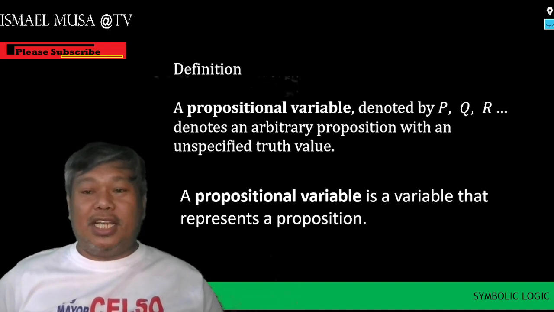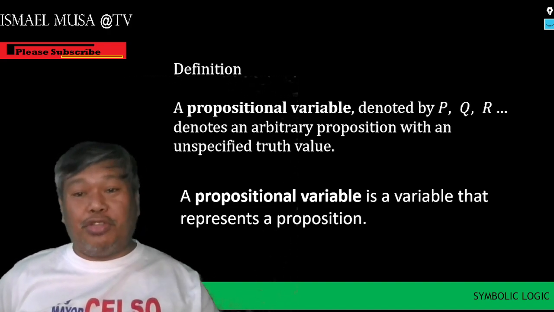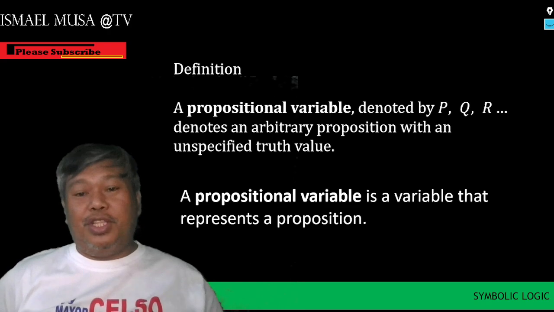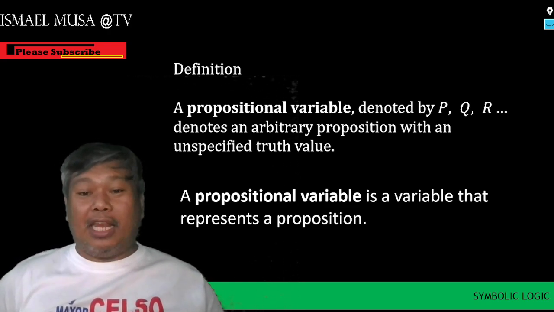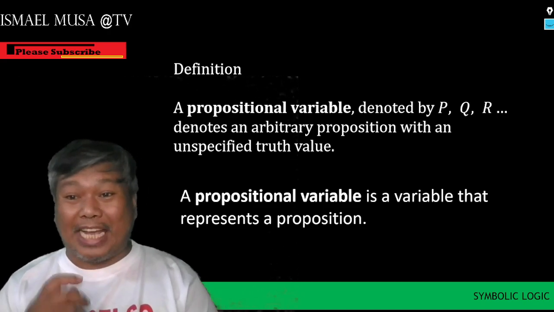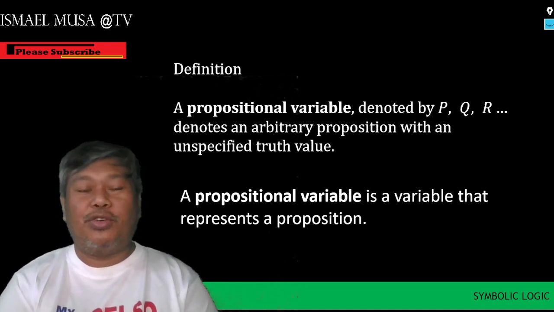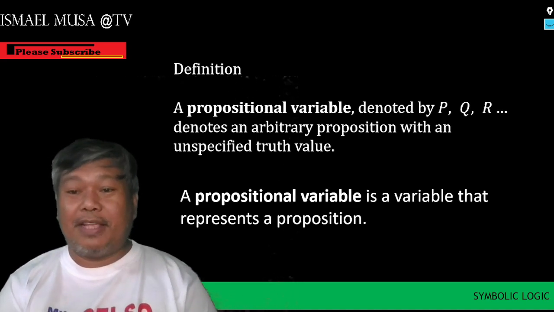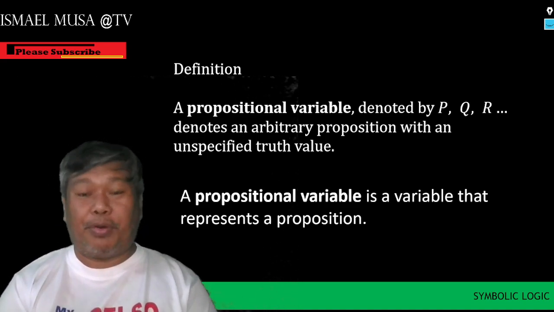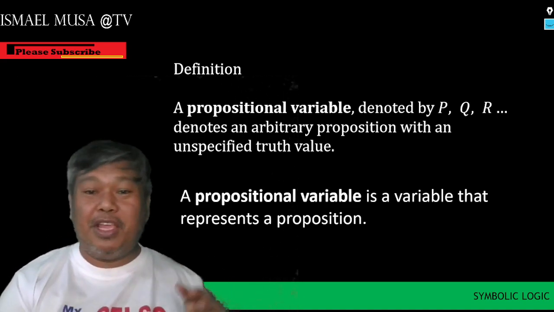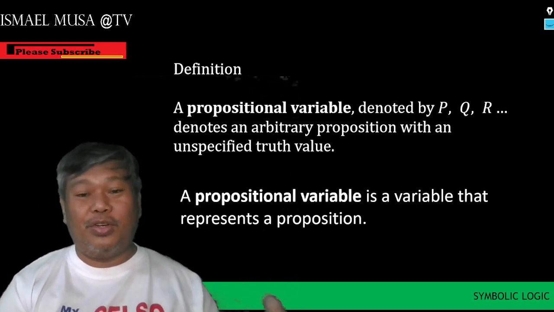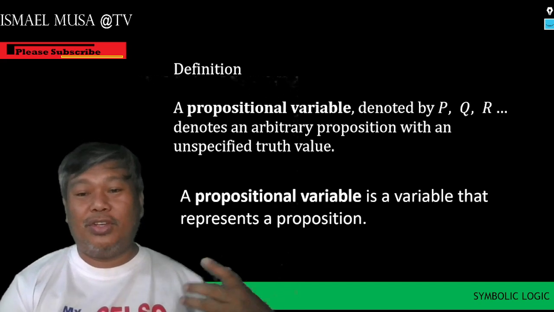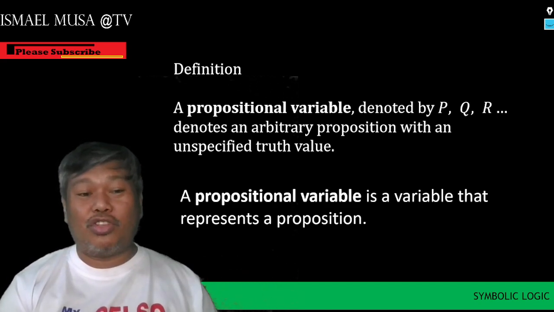So in other words, P, Q, R are propositional variables, so we do not know the truth value. Therefore, we assign a truth value to it. A propositional variable is a variable that represents a proposition. So in other words, P, Q, R is actually a proposition, but we don't know which proposition. It's a representation of a proposition.